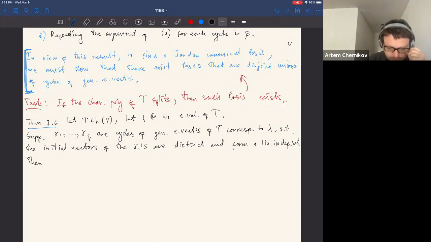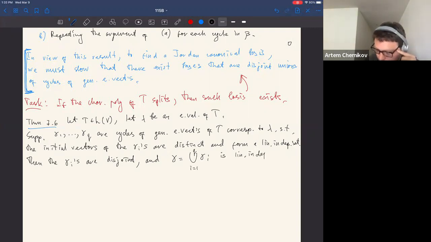Then we can conclude that the cycles gamma_i are disjoint, and if we take gamma to be the union of gamma_i for i from 1 to q, then this whole set is also linearly independent. So we are only assuming that the initial vectors are linearly independent, but from this we can conclude that all vectors in the union of the cycles are in fact linearly independent.